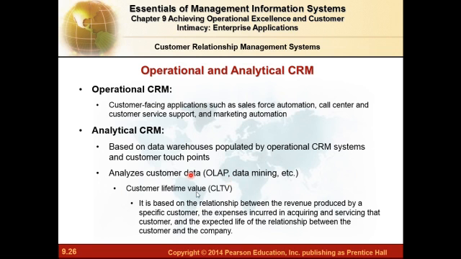For example, customer lifetime value. You want to analyze the customer lifetime value. This customer lifetime value is based on the relationship between the revenue produced by a specific customer, the expenses incurred and occurring in servicing that customer, and the expected life of the relationship between the customer and the company.